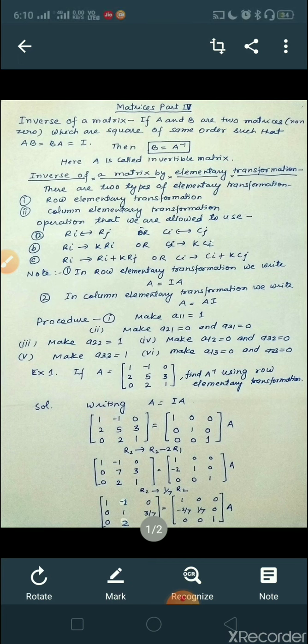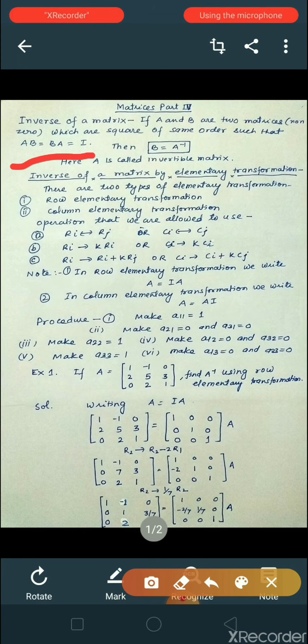You can see here, AB is equal to BA is equal to I, then we can write B is equal to A inverse. Here A is called an invertible matrix. Vice versa, we can say that B is an invertible matrix. So this is the definition of inverse of a matrix.